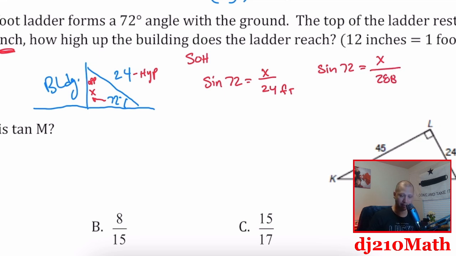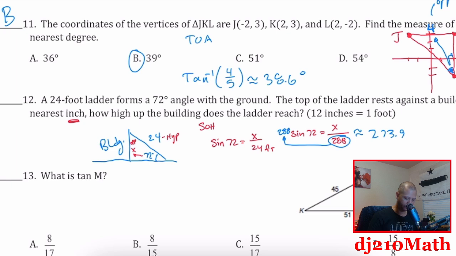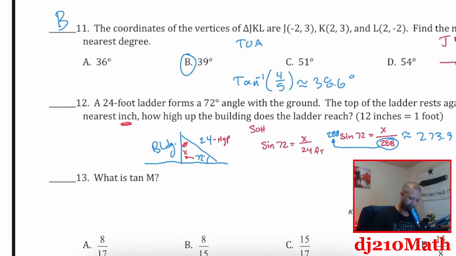The variable is on top, the denominator's on the bottom, so we just move it up and go straight to the calculator. 288 sine 72. All right, this is approximately 273.9. So we'll call it 274 inches.